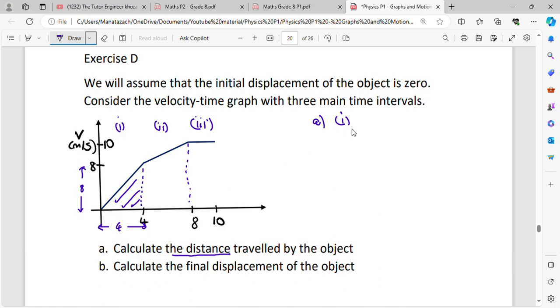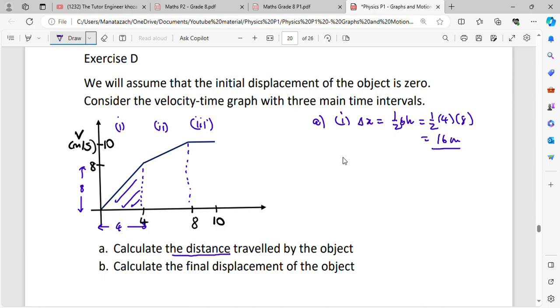So the distance would be half base times height. Half the base is 4 seconds. The height is 8 meters per second. So your answer would be 2 times 8, which is 16 meters.